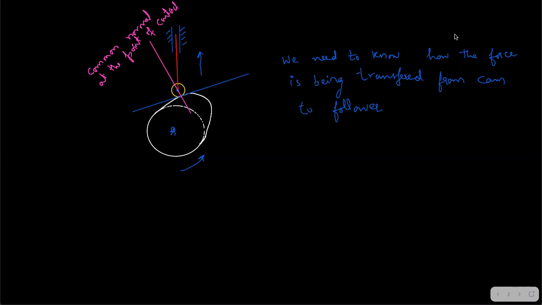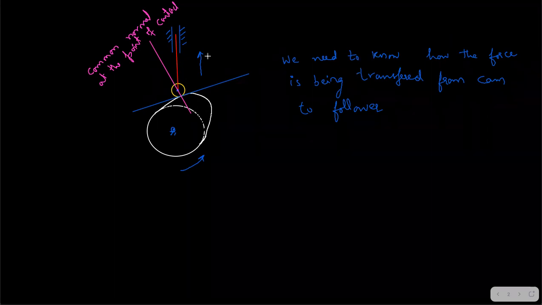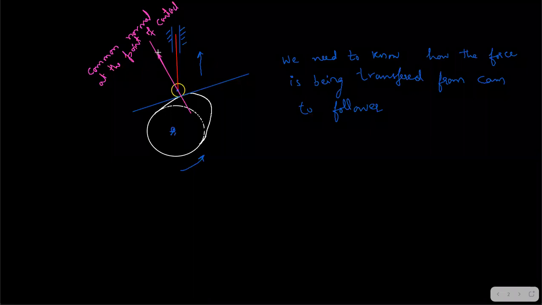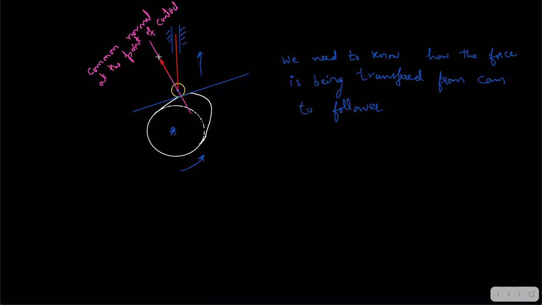The center is not mentioned here, but there is some center. So the common normal will pass between those two centers only. Fine. So the line connecting both the centers is the common normal, and along this only the force is transmitted. So this is the transmission of force line.